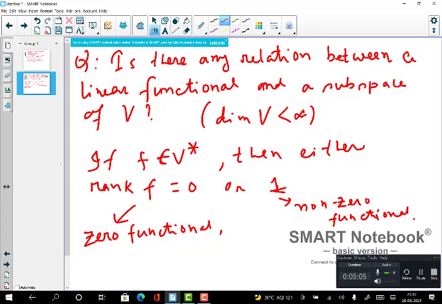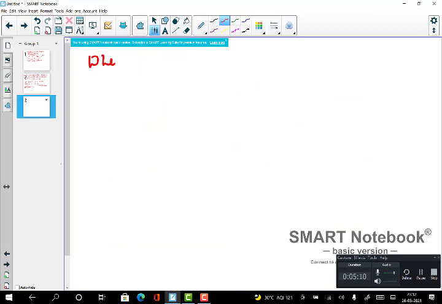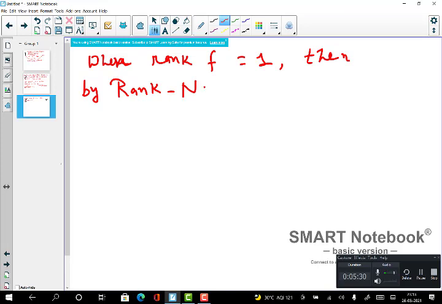Now, in the case when the rank of f is 1, then you can use the rank nullity theorem to get something, right? By this rank nullity theorem, what does it tell us?